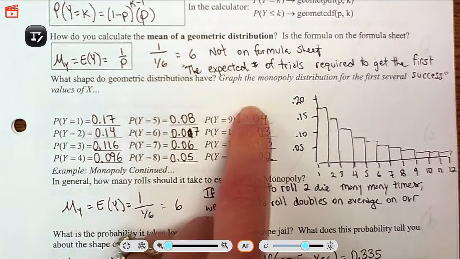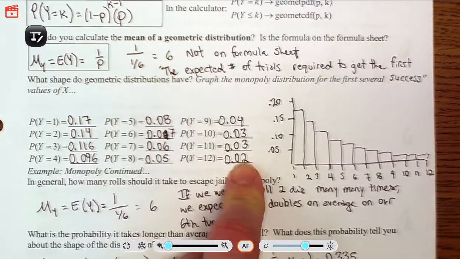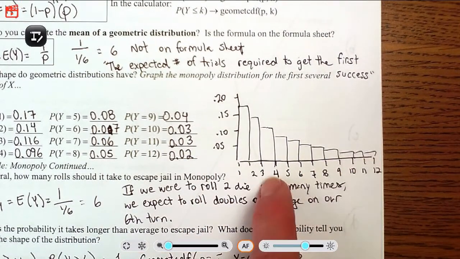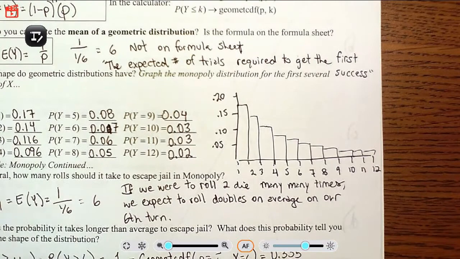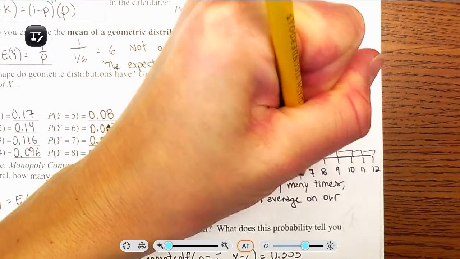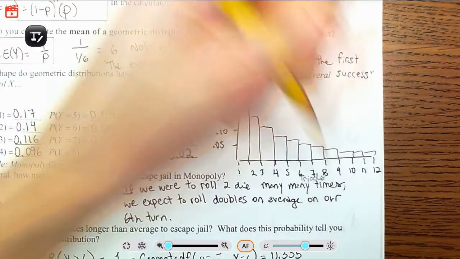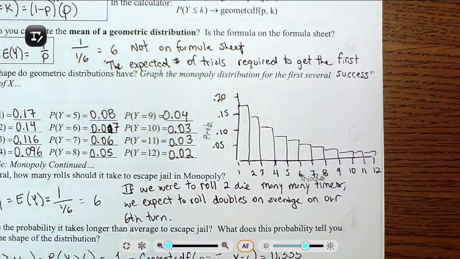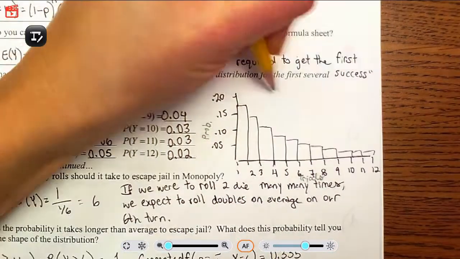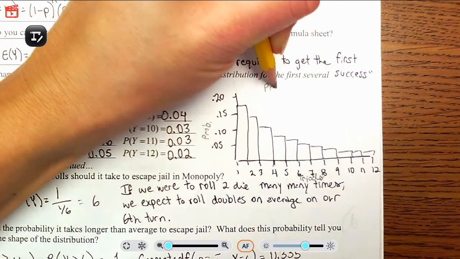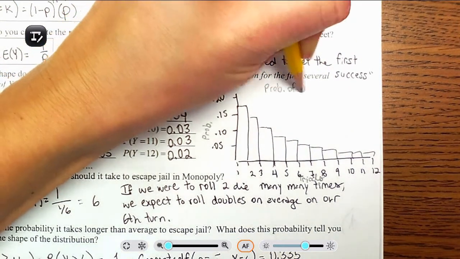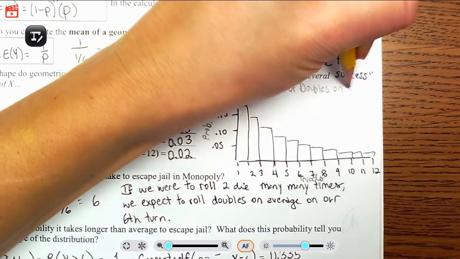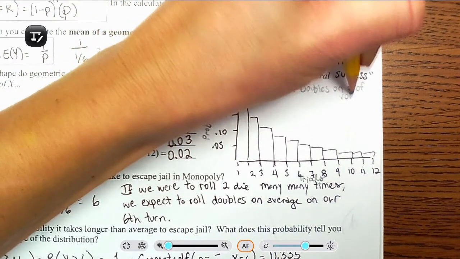So if I was to continue like this, I would have my number of trials until a success, and then the probability of doubles on this number of rolls.